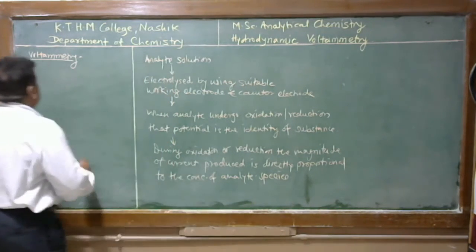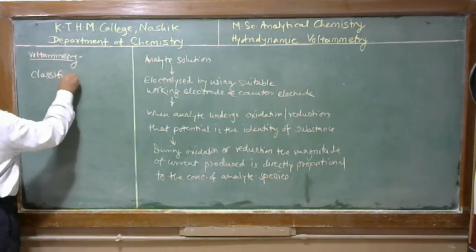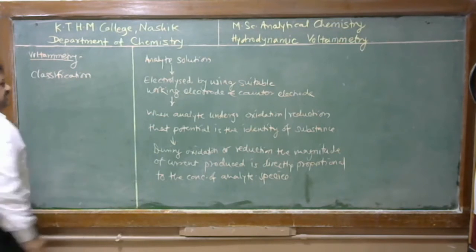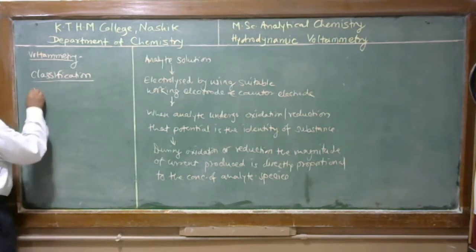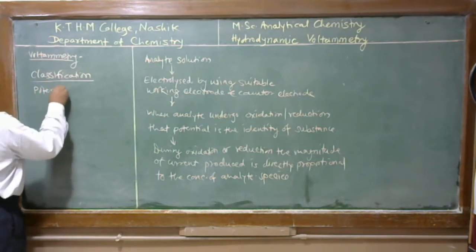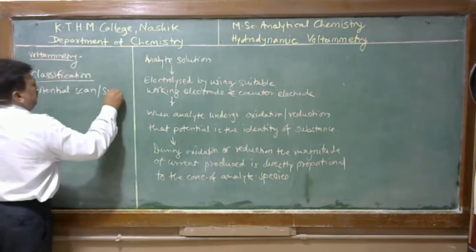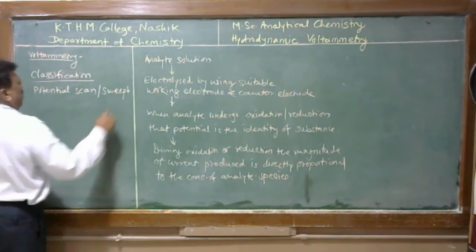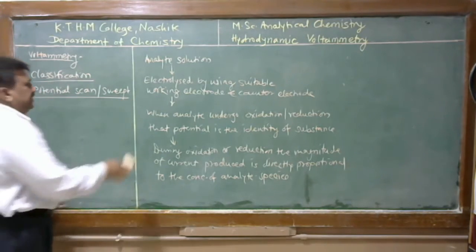Therefore, on the basis of the current voltage time relationship, that means on the basis of the potential scan or potential sweep program, all voltammetric techniques are classified into different categories.